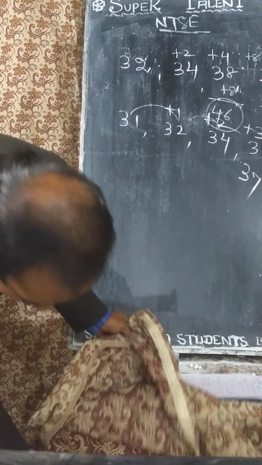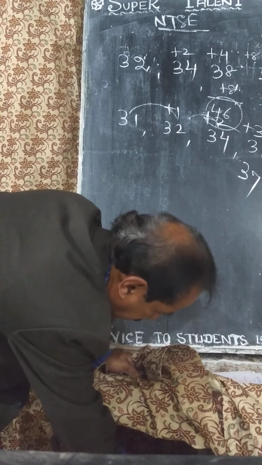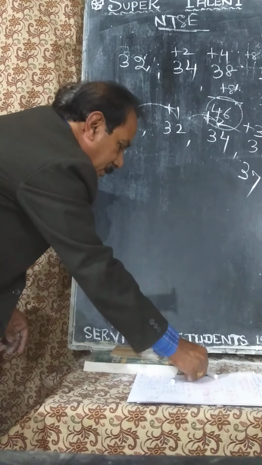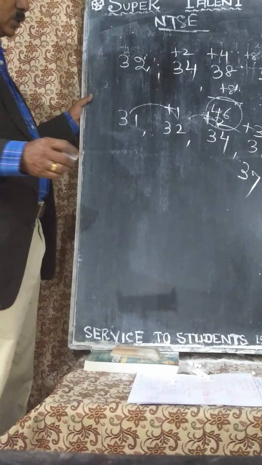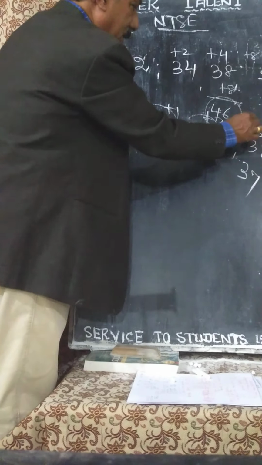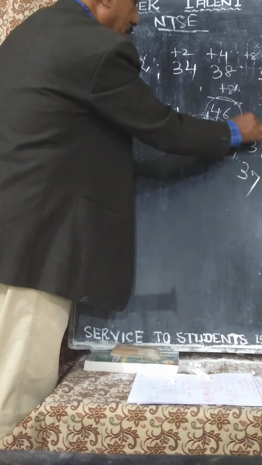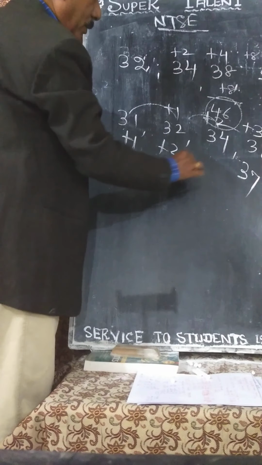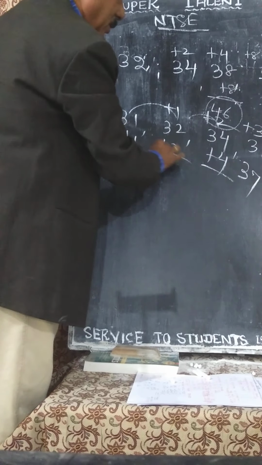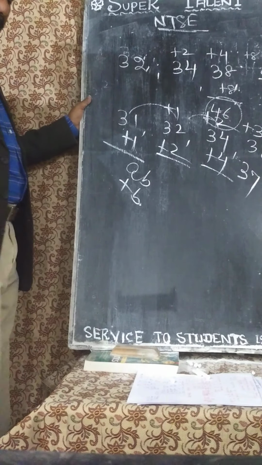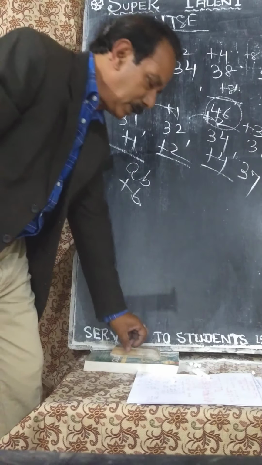If 37 or 38, what will be the answer? Just to see the logic, plus 1, plus 2, plus 3. But what happens here is 34 plus 4. You can write this logic as A, B plus B. No problem.